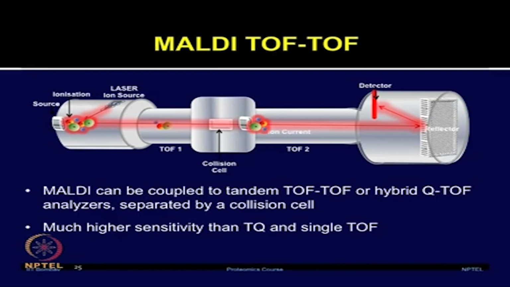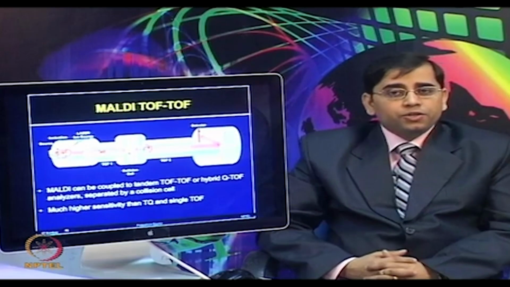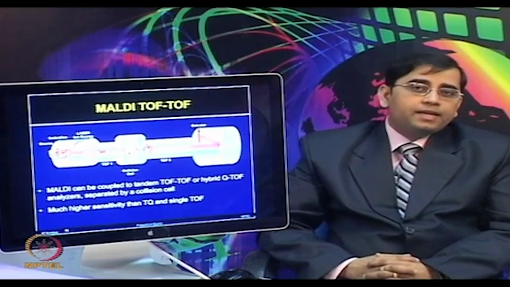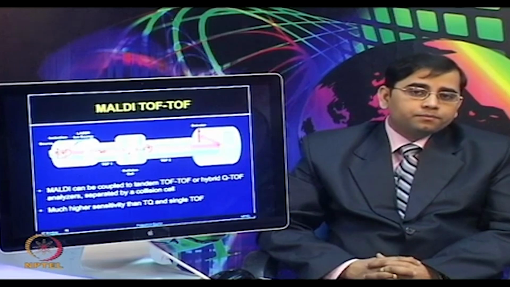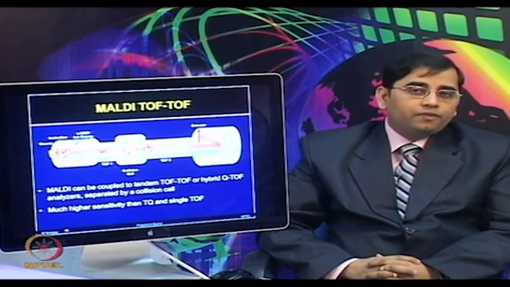These hybrid configurations are more sensitive than the triple quad and the single time of flight. The combination of TOF allows protein identification through peptide mass fingerprinting, and high throughput analysis of the proteome is possible with the hybrid TOF analyzers.